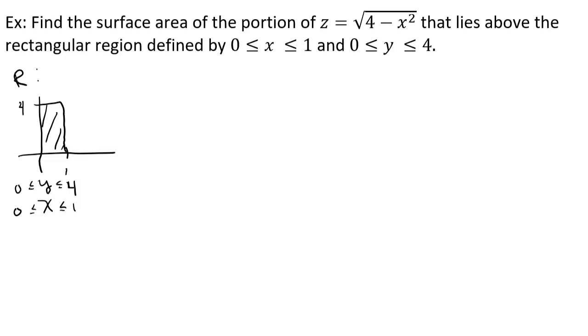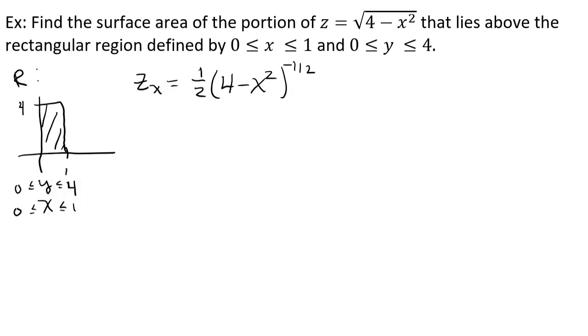So taking a look at what we're going to need, we're going to need z sub x. Taking a look at z sub x, we'll notice that we've got an x term underneath a square root. So that's really that whole quantity raised to the 1/2. So we're going to bring down that 1/2 power, keep the inside, 4 minus x squared, and decrease that power by 1, so that's going to go to a negative 1/2.